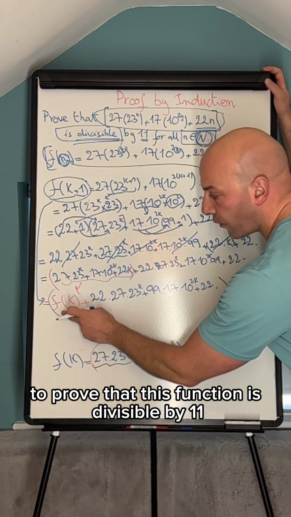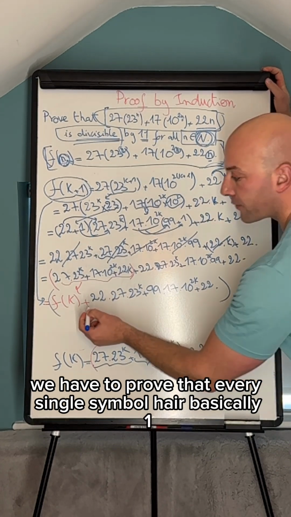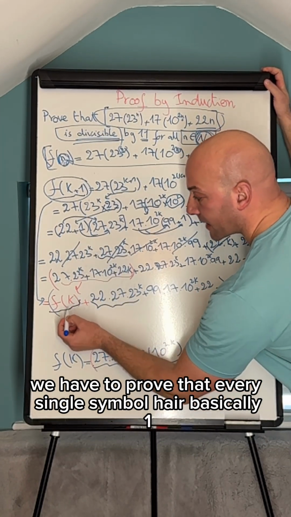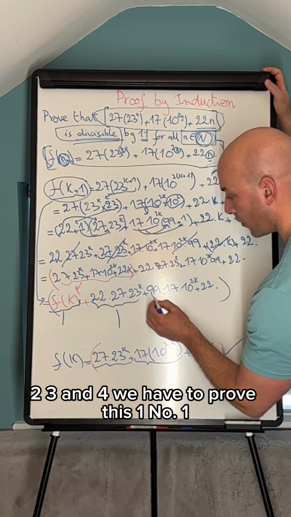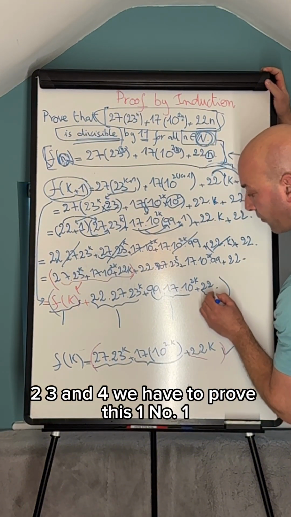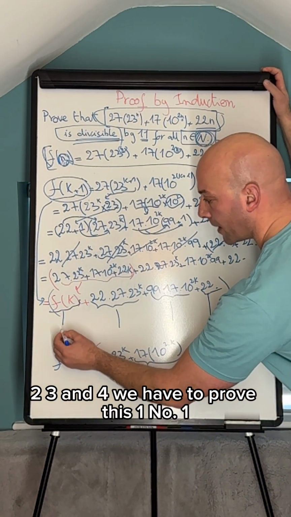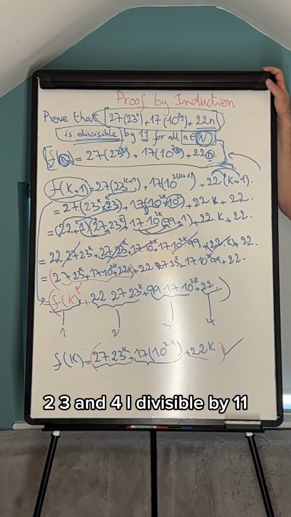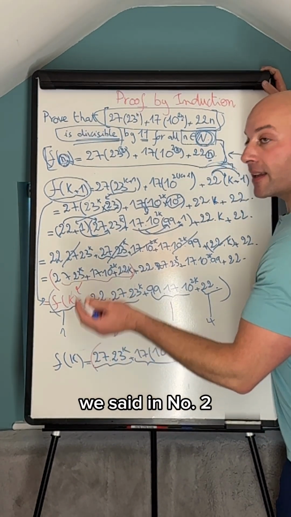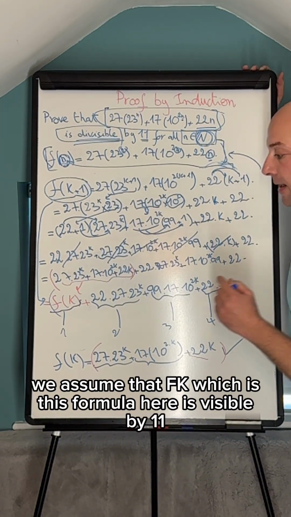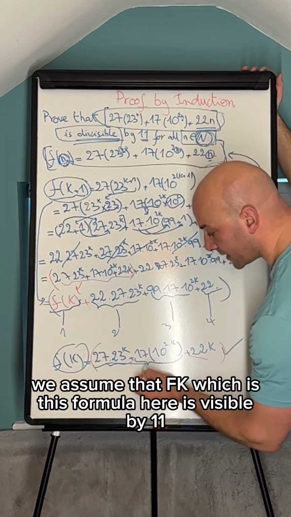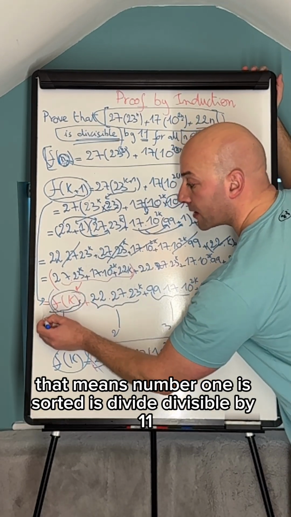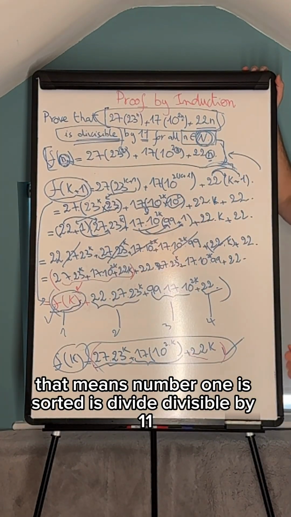To prove that, we have to prove that every single symbol here, basically 1, 2, 3, and 4, is divisible by 11. We said in number 2, we assumed that fk, which is this formula here, is divisible by 11. That means number 1 is sorted, is divisible by 11.